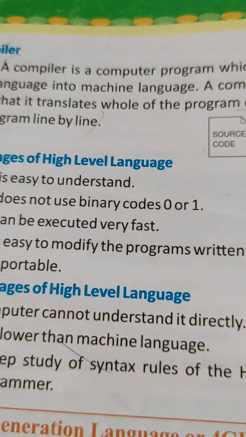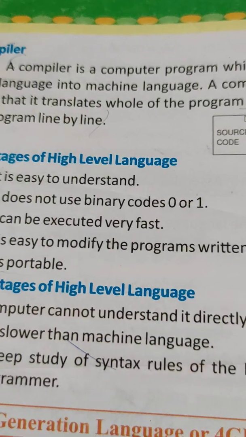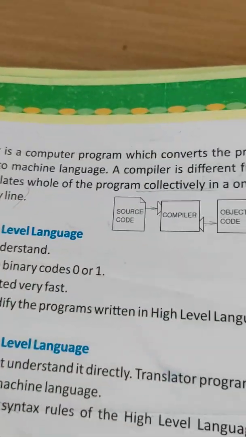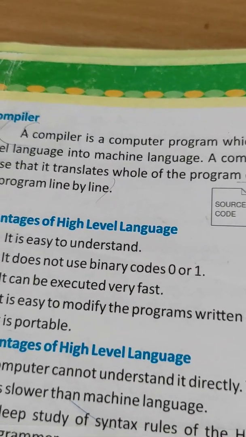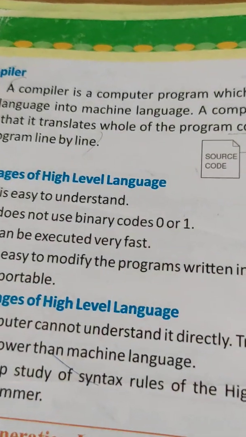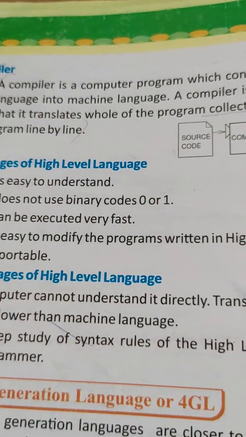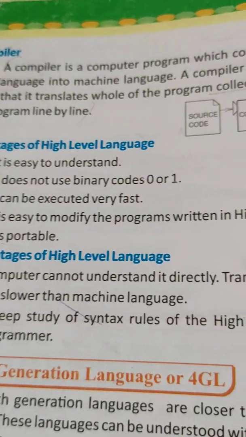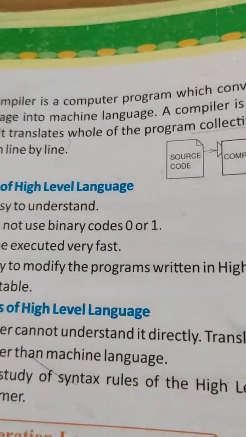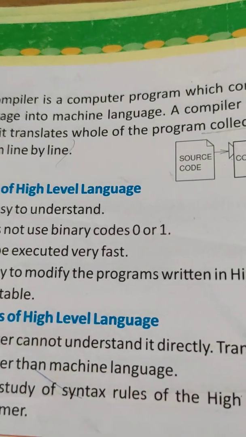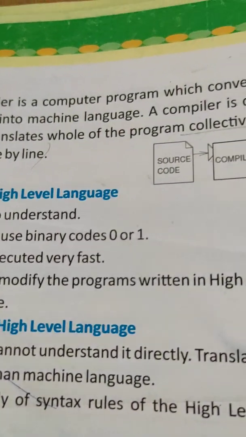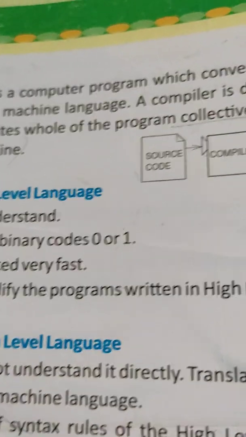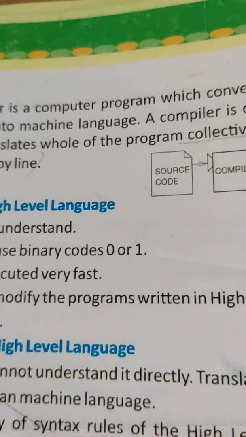Compiler is different from interpreter, since it translates the whole program collectively instead of going line by line. Meaning in a compiler the full program is written first and then the program is translated.